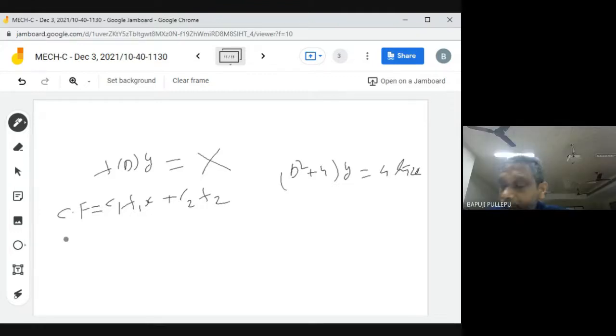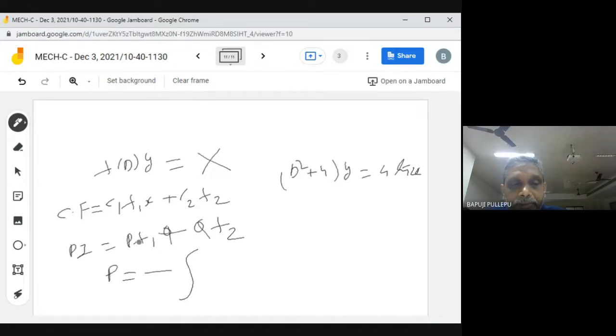Then how will you find the PI? PI is equal to, remember, P f1 plus Q f2. Now what is the P you have to find out? Tell me. The formula: P is equal to integral of minus f2 into capital X divided by the Wronskian.